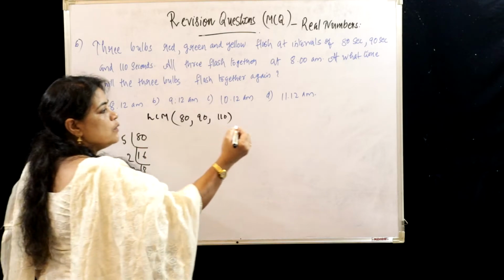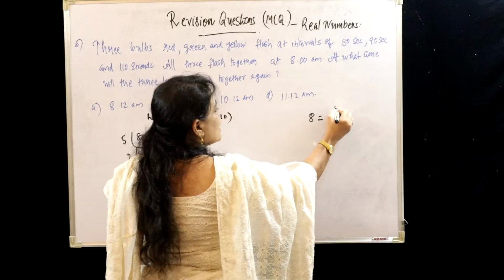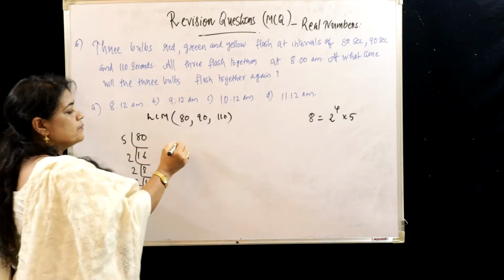That means you can write 80 as 2 four times and 5.